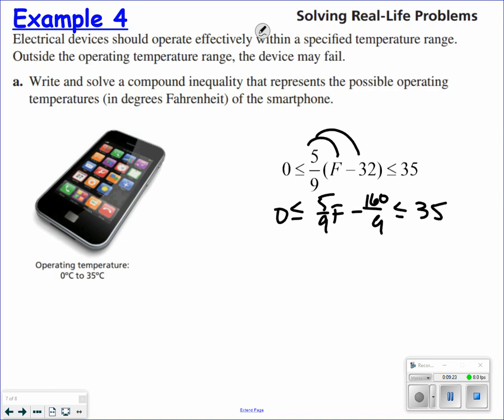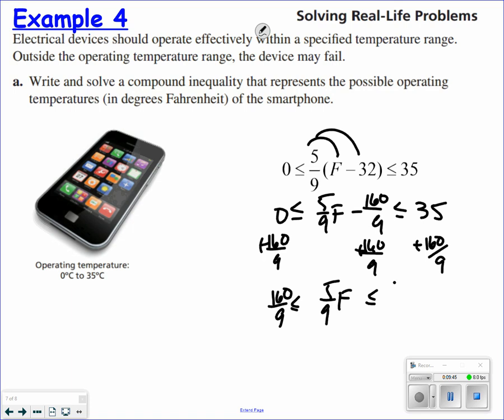I'm going to add 160/9. So I've got 160/9, 5/9 F, and then 35 plus 160/9 is 475 ninths. So now I'm going to multiply everything by 9. Things get a lot better now. So that gets 160, 5F, 475.